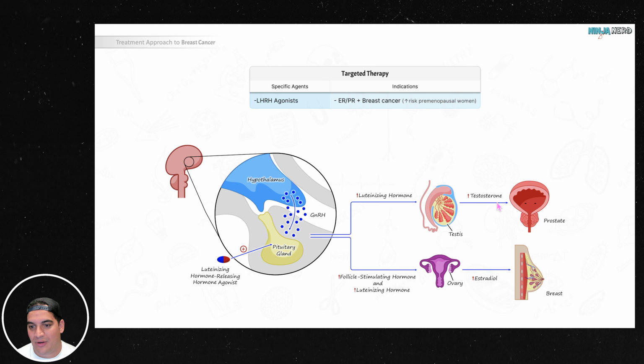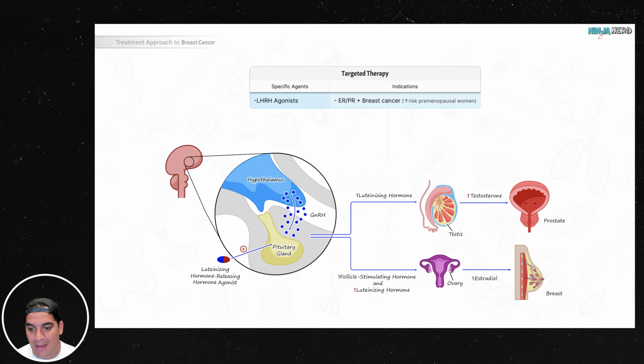And in males, it would increase the production of testosterone. The whole point here is that in this scenario, it's going to create a high level, which creates a negative feedback mechanism. The reason why this is in both is because you can use this drug in prostate cancer and in breast cancer, because it's going to shut down these hormonal pathways. It's like a chemical castration for males, and it's basically shutting down the estrogen pathway in females in a sense.